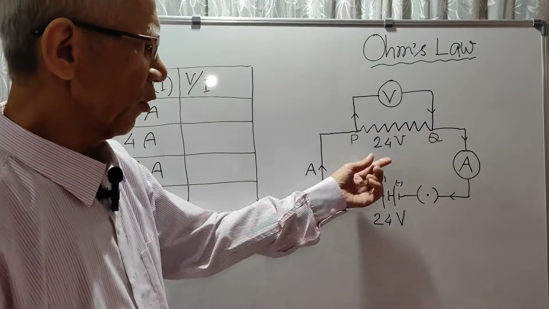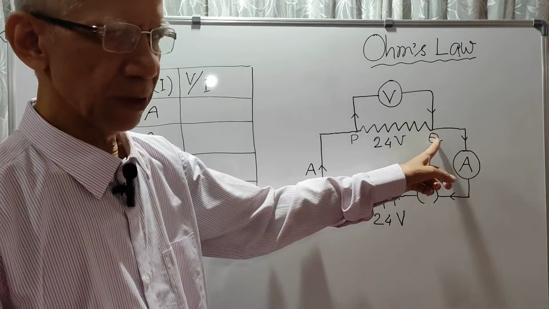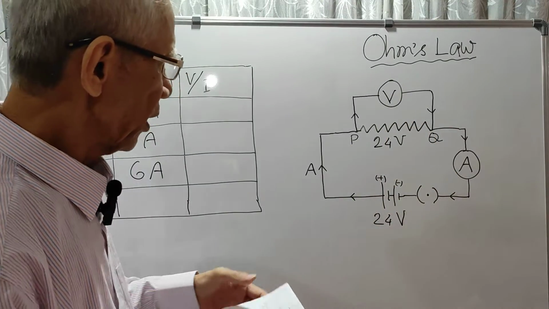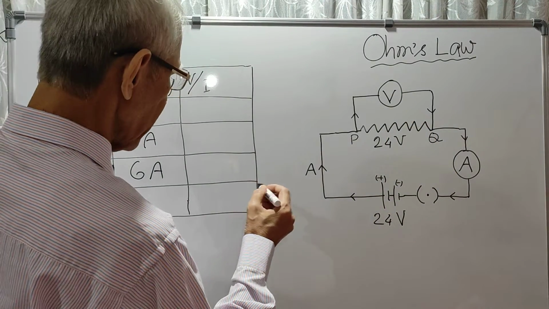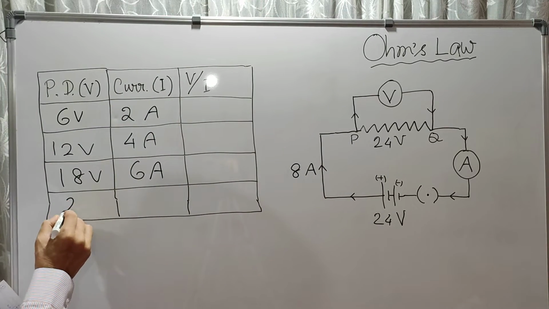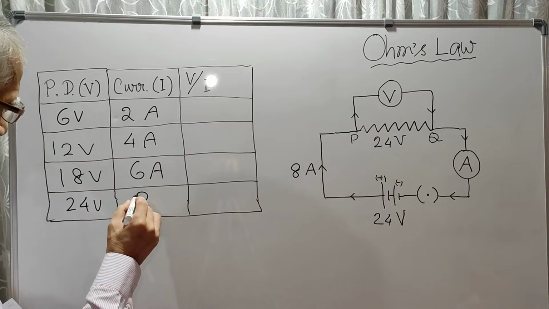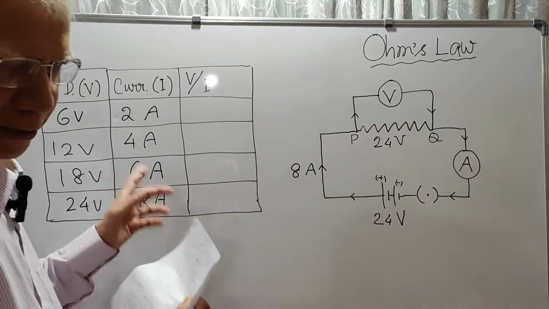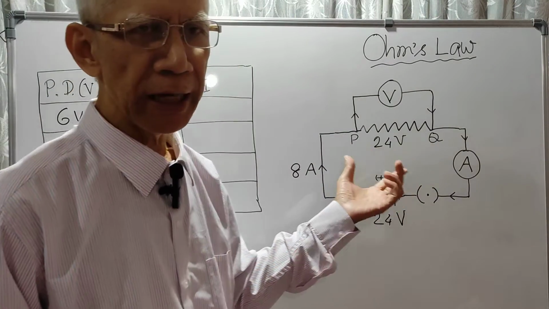That means 24 volt is the potential difference between P and Q. This time current will be 8 ampere. This is what you will find when you do the activity.